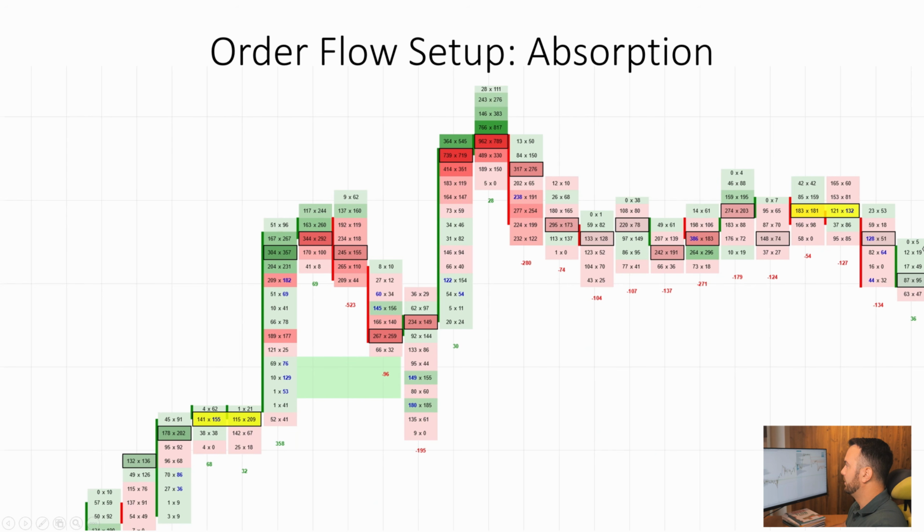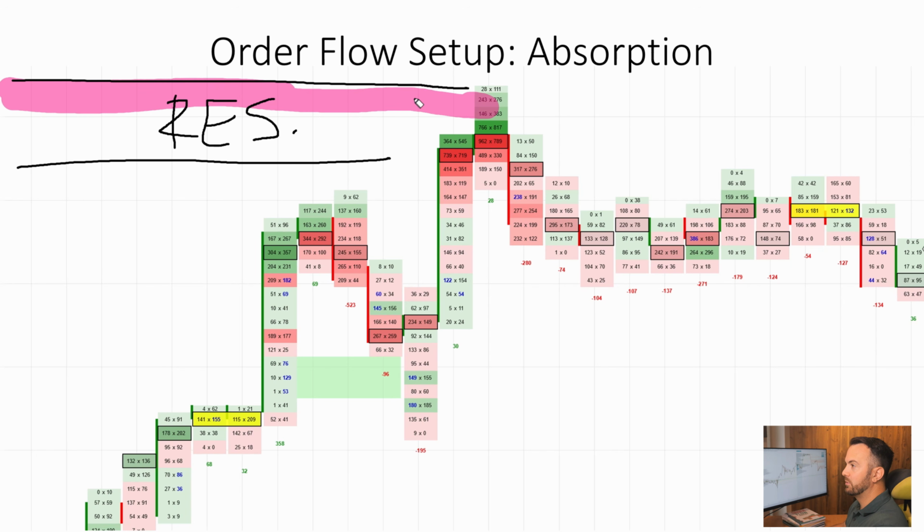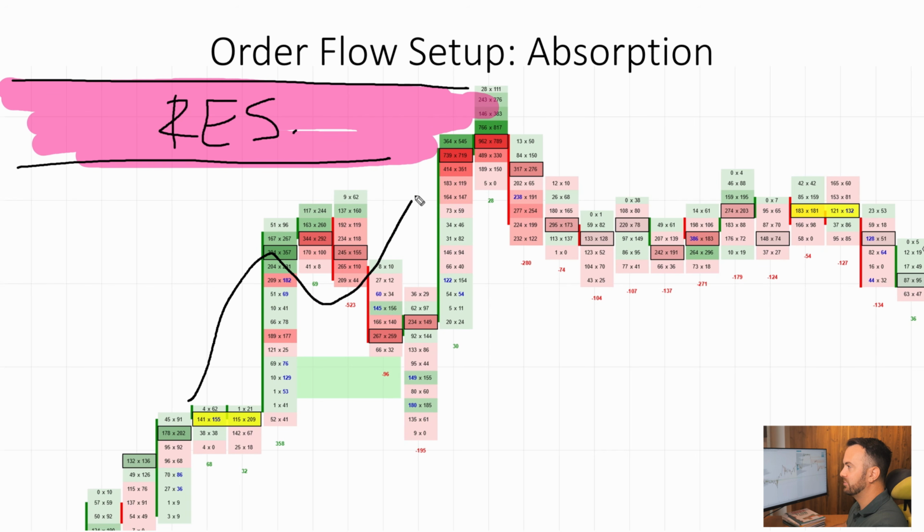Here is the first example. Imagine that there was a resistance in here, and by the way, resistances and supports are not just lines, they are always areas, right? Imagine that we had a strong resistance here, and the price is reaching that resistance, and when it reaches this area of resistance, you see this unusually huge volumes both on bid and ask.